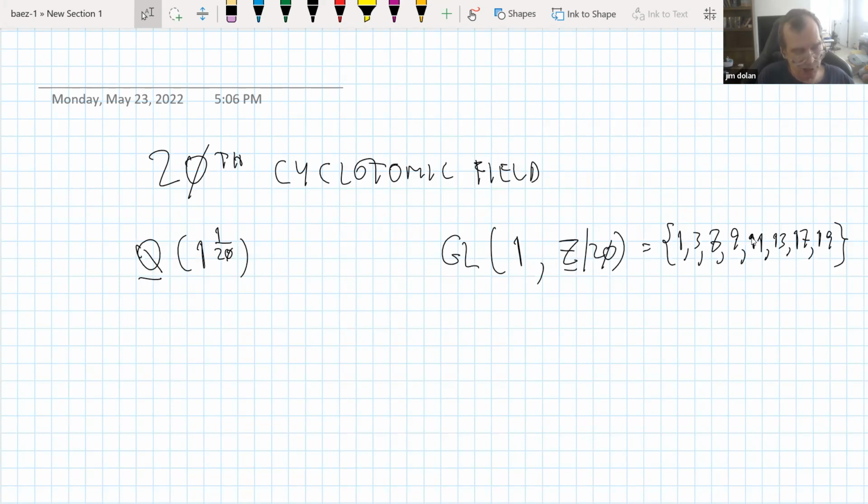Well, right, there's a Chinese remainder theorem type thing going on. 20 is equal to 4 times 5, and those are relatively prime to each other. So you can think of it as GL1 of Z mod 4 times GL1 of Z mod 5.